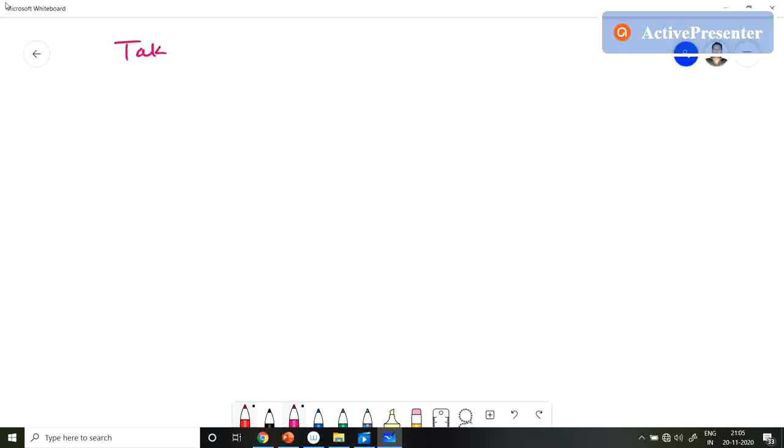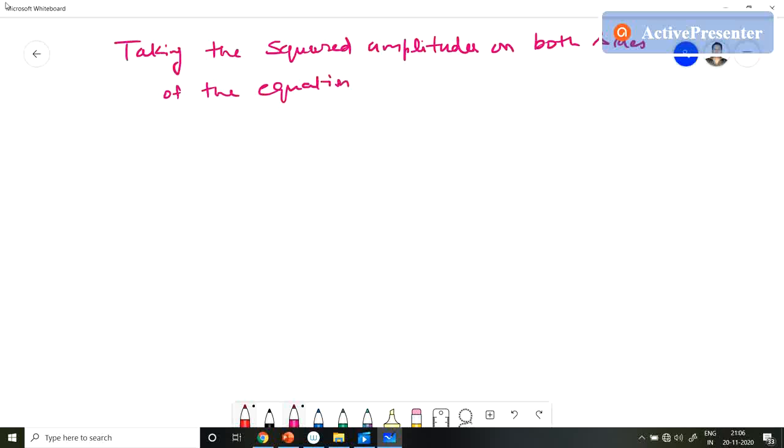So taking the squared amplitudes on both sides of the equation, we readily get psi x(f) is equal to modulus of H(f) squared.